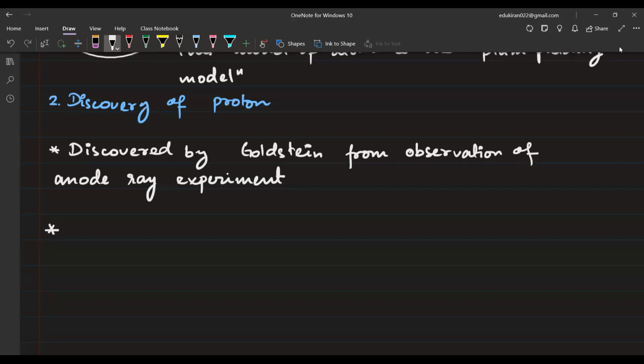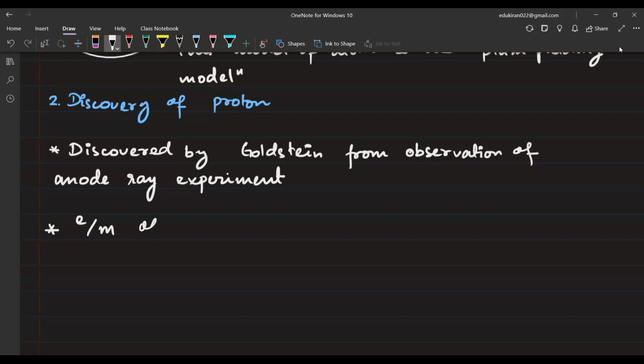Now, Goldstein was the one who was successful in doing the anode ray experiment. That is why he suggested that there are some positively charged species also inside the atom. And then the same things were done, whether it is a wave or a particle, and what is the charge by mass ratio. Charge by mass ratio is written as E by M, E divided by M, where E means elementary charge and M means mass. Okay.